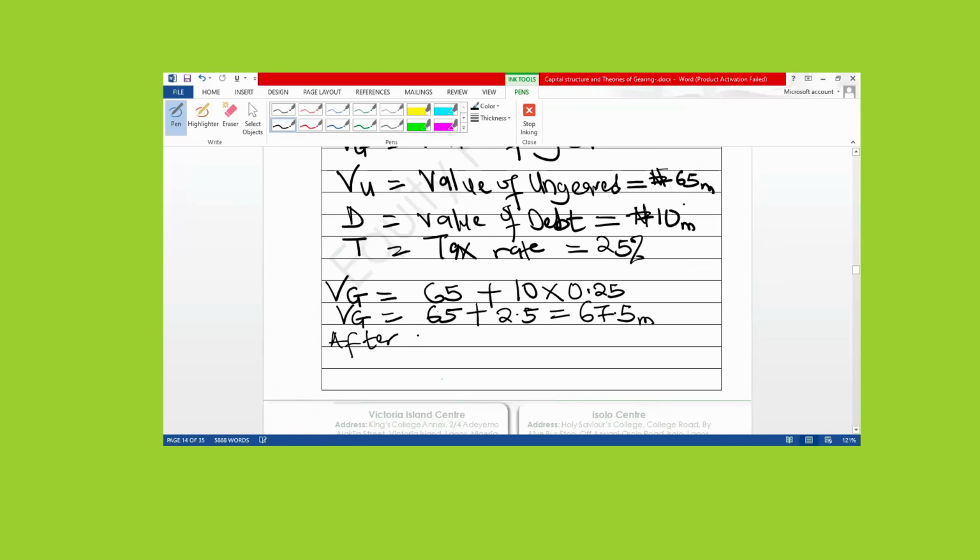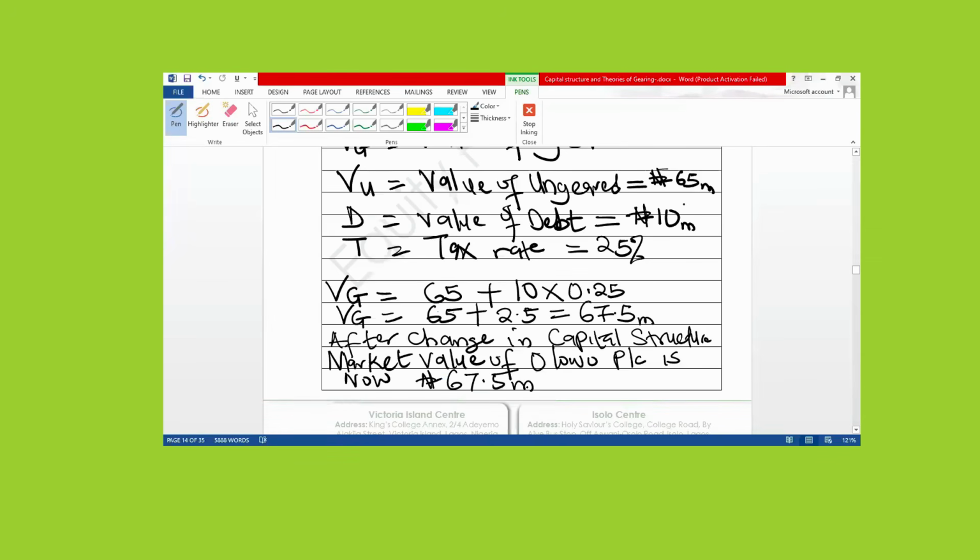Market value of Olowo PSC is now 67.5 million.